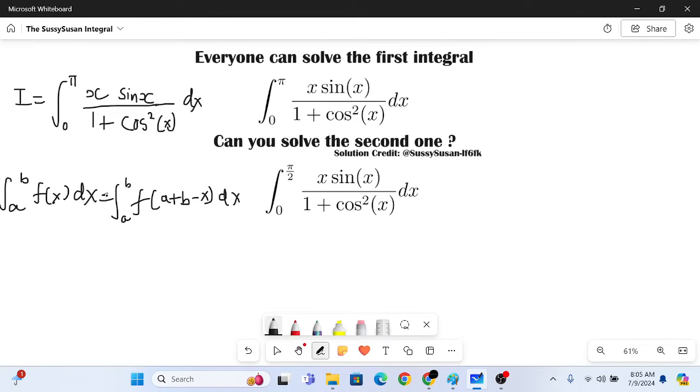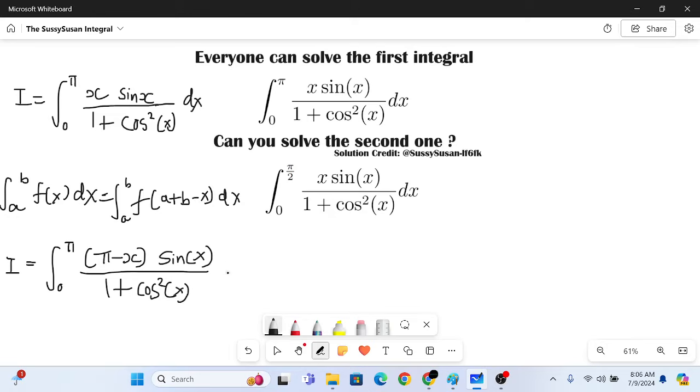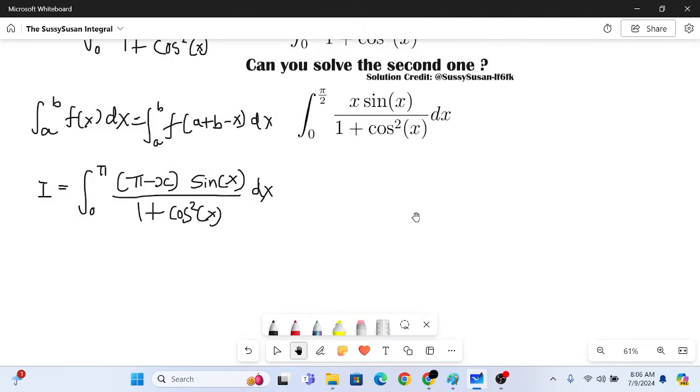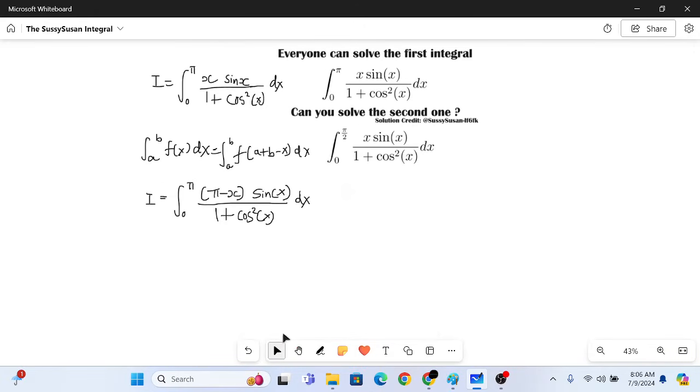Now if you know this, our first integral will also be equal to integral from 0 to pi of pi minus x. And now sin of pi minus x is just sin x again, and cos of pi minus x is minus cos x. But since there is a square, that will again just be 1 plus cos square x dx. Now if we add these two integrals, we get the following result.